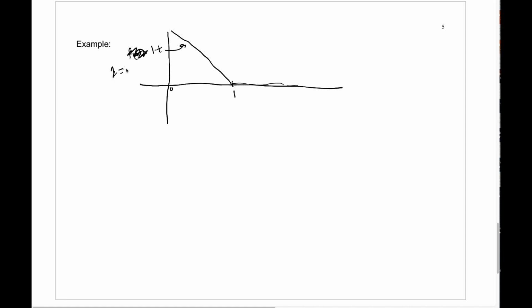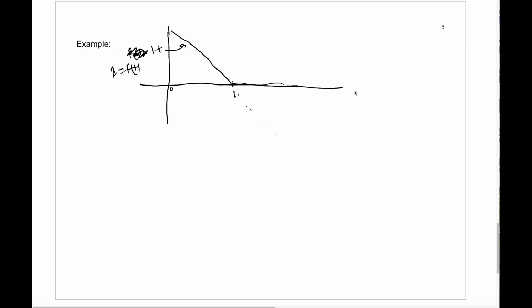I'll write y equals f of t, and I want its graph to be equal to 1 minus t just between 0 and 1. I don't want it to continue down like this. I want it to be 0 after that. So I just want it to have non-zero values between 0 and 1 and then stay 0. Of course, I could write it by just saying it has the value 1 minus t between 0 and 1 and it has the value 0 afterwards.